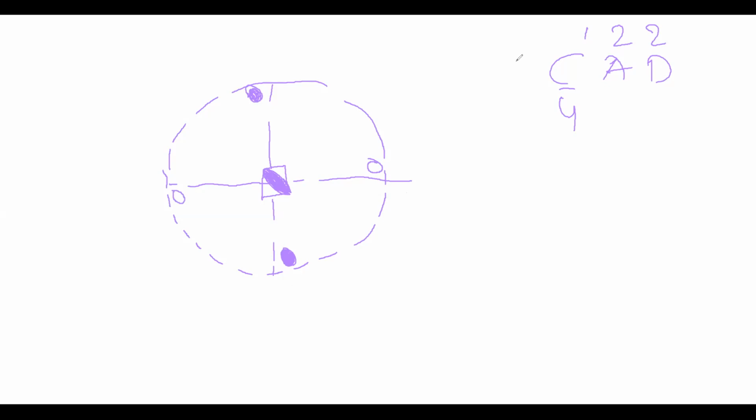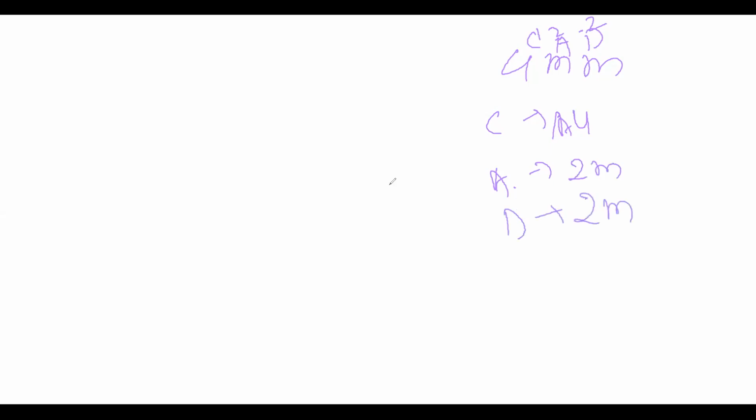In a similar way, you can draw for the ditetragonal pyramid, 4mm. CAD is 1, 2, 2. At the C axis you have got 4, 1A4. At the axis you have got 2M. At the diagonals you have got 2M. So what will be the diagram? At the C axis there is no mirror plane, so this will be dotted.